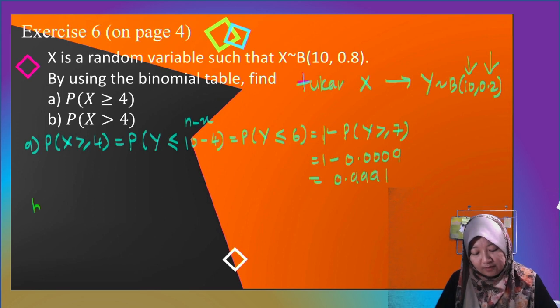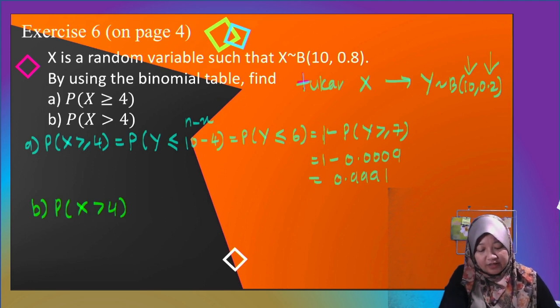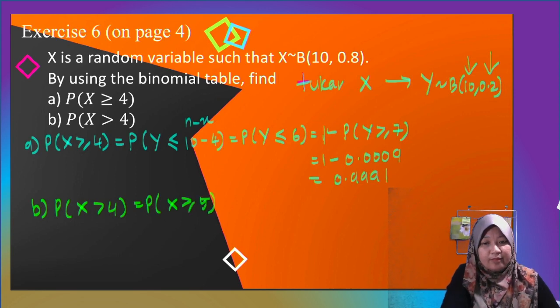Okay, B, probability X greater than 4. So, greater than 4 adalah probability X greater than or equal to 5. Okay, then kita tukar kepada Y. Jadi, kalau greater than or equal to, dia adalah less than or equal to, N dia adalah 10, 10 tolak 5.